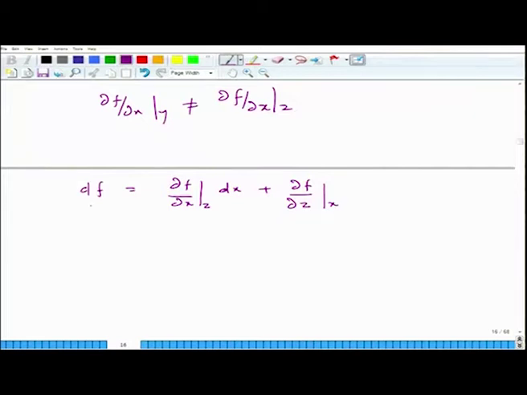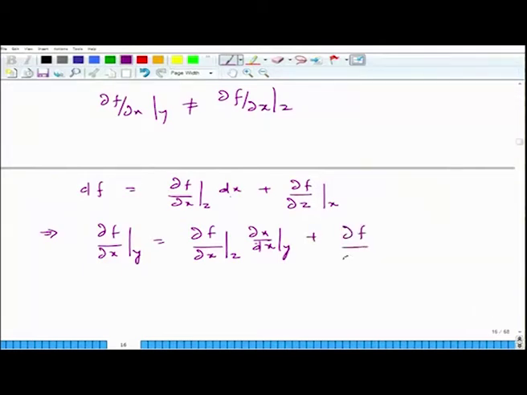Now, this can be further differentiated such that del f by del x at y is del f by del x at z, multiplied by del x by del x at y, which is of course going to be 1.